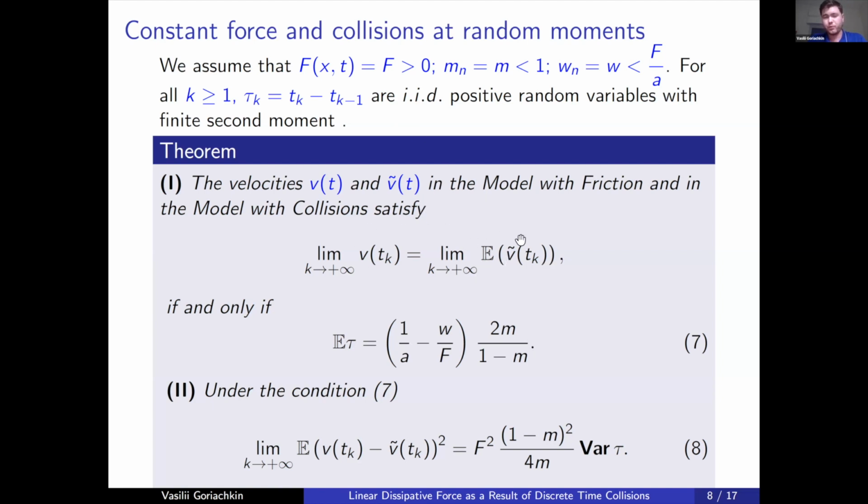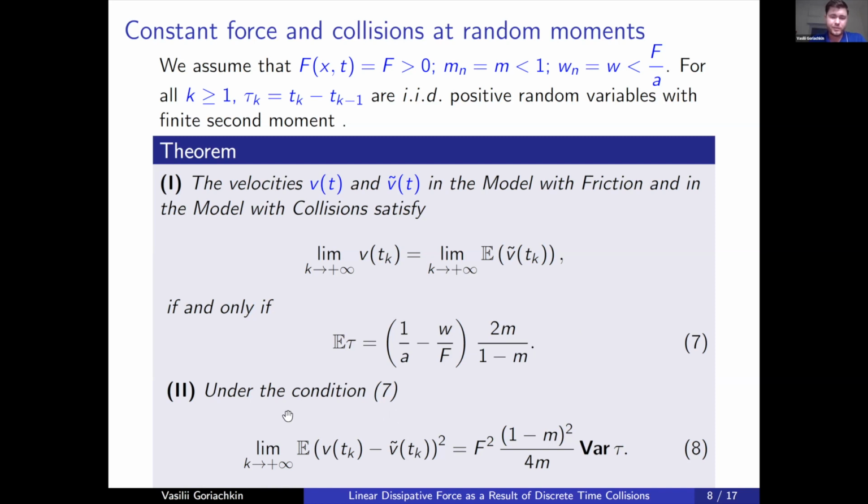But of course, because v tilde is random now, we take expectation, and we have a condition that the expectation of tau should have the same form as before. Actually nothing special here, because to prove this fact we just take the proof of the previous theorem, and instead of tau we take the expectation.